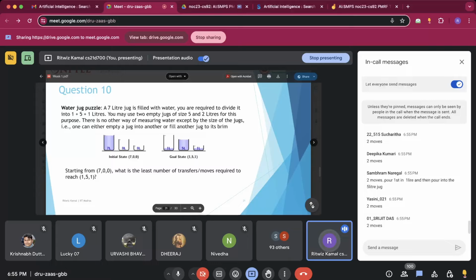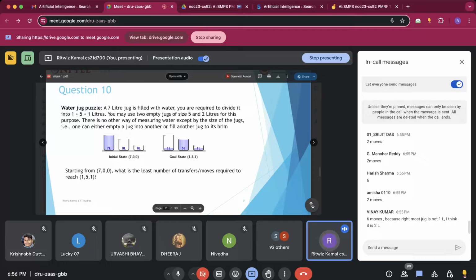I would once again like to re-emphasize that you cannot take out any specific amount of water from a jug and pour it into another jug. For example, you cannot take 1 liter of water from the 7 liter jug and pour it into another jug. That is not allowed. You can either completely empty a jug or allow another jug to be completely filled up with water.